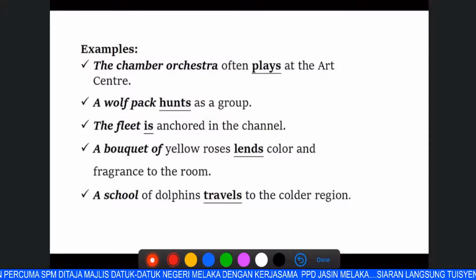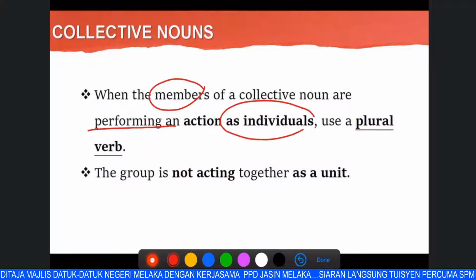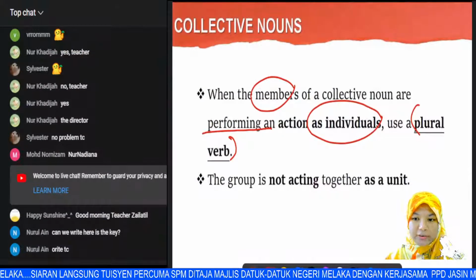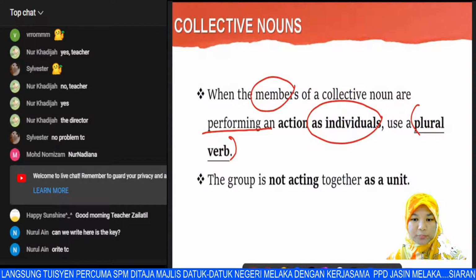The difference from the earlier slide is that earlier the members performed as one unit, all 10 wolves with one goal. But here, the members are doing their own actions, their own things, so we use the verb in plural form.